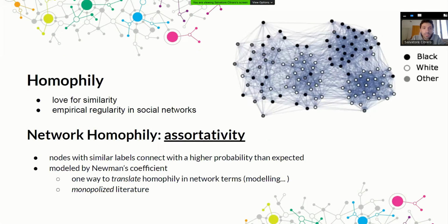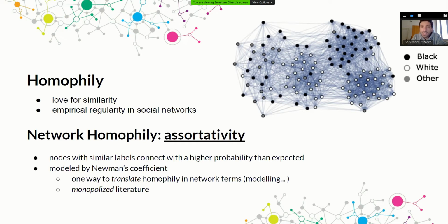Homophily is a very important concept in social network analysis. It's an empirical regularity in all social networks, and it was historically defined and modeled by Newman's assortativity coefficient, that is basically a correlation.